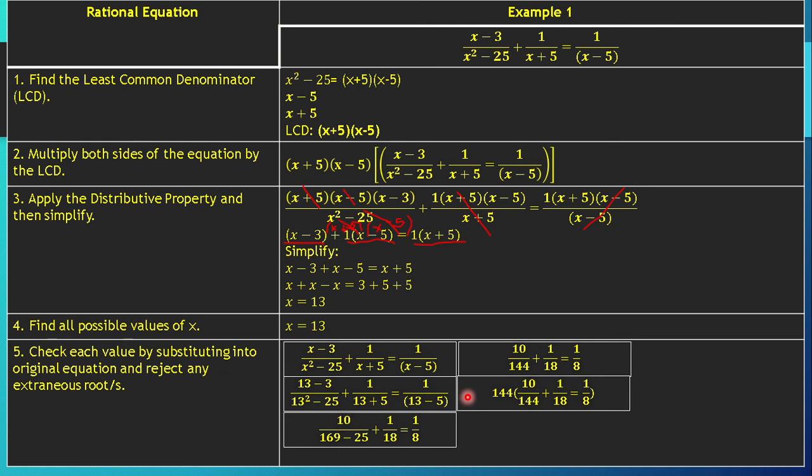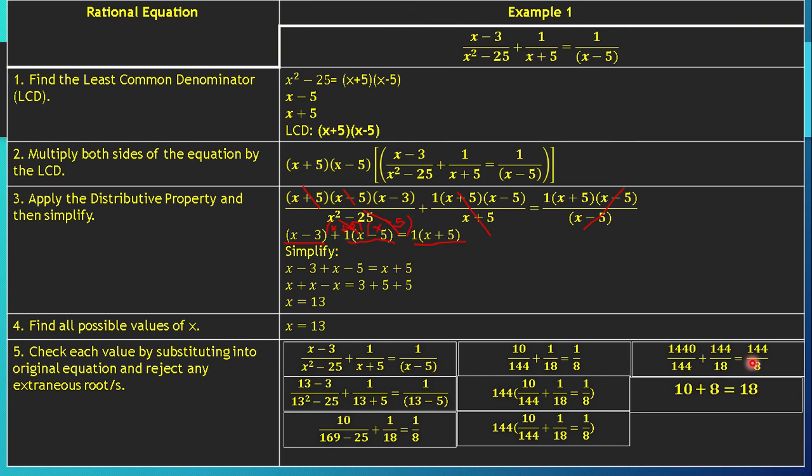So, 144 times 10 divided by 144 plus 144 times 1 over 18 is equal to 144 times 1 over 8. Okay? So 144 times 10 is equal to 1,440 divided by 144. 144 times 1 is 144 over 18 is equal to 144 times 1 ulit is equal to 144 over 8.